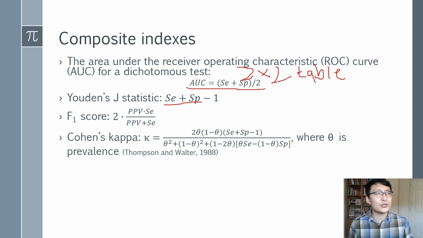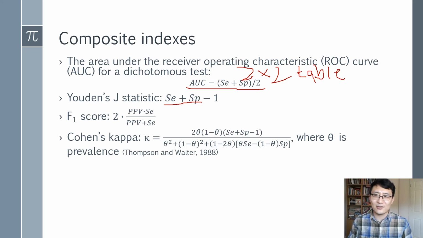Cohen's kappa was originally used to measure how likely one rater is to agree with another rater. But it turns out it is also a function of sensitivity, specificity, and PPV. I have to say that the original formula for Cohen's kappa is not as complicated as this one. It's a much simpler formula.